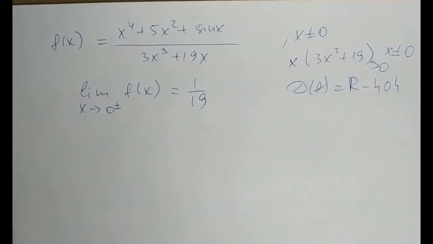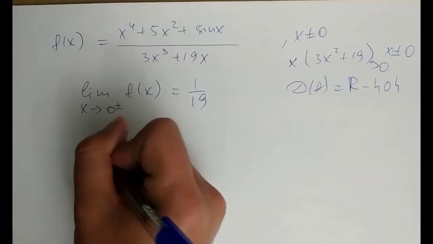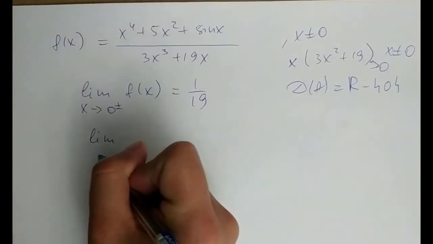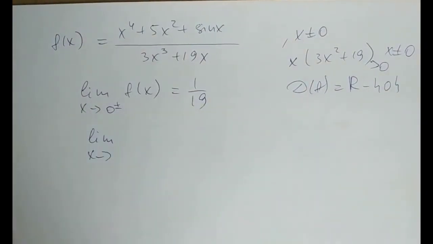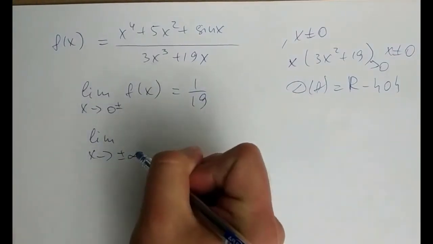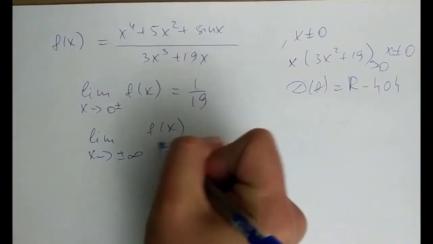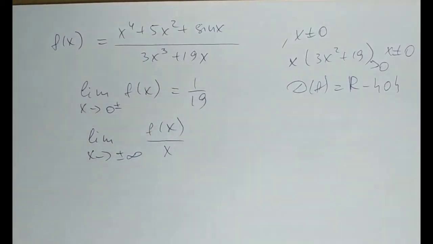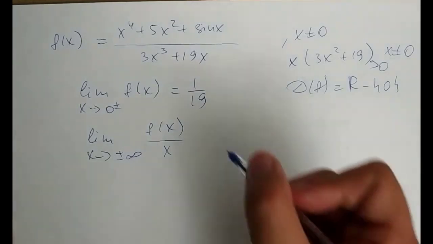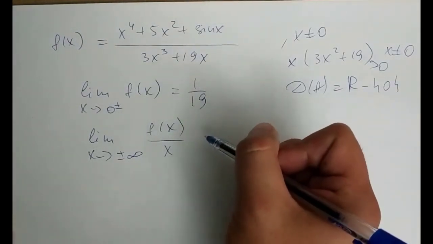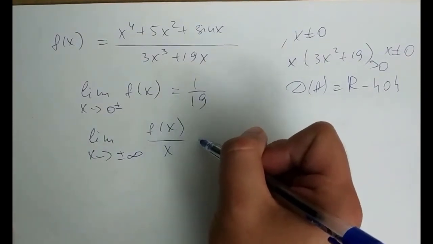And now find this limit as x tends to plus minus infinity of f of x over x. This is k.